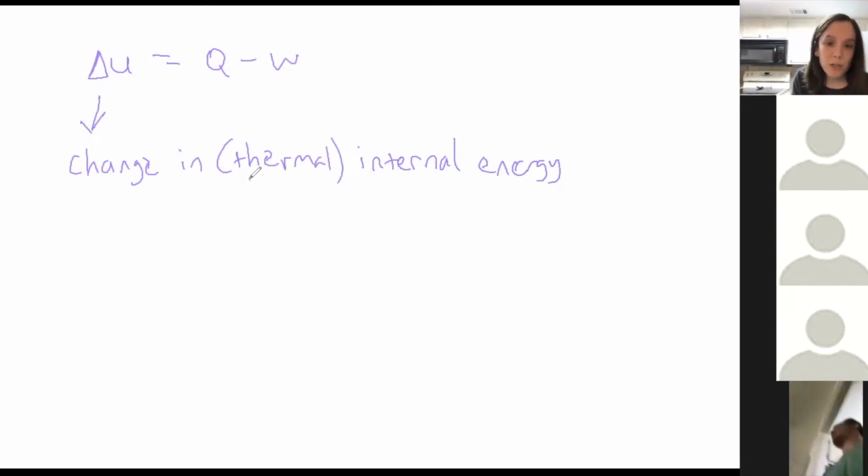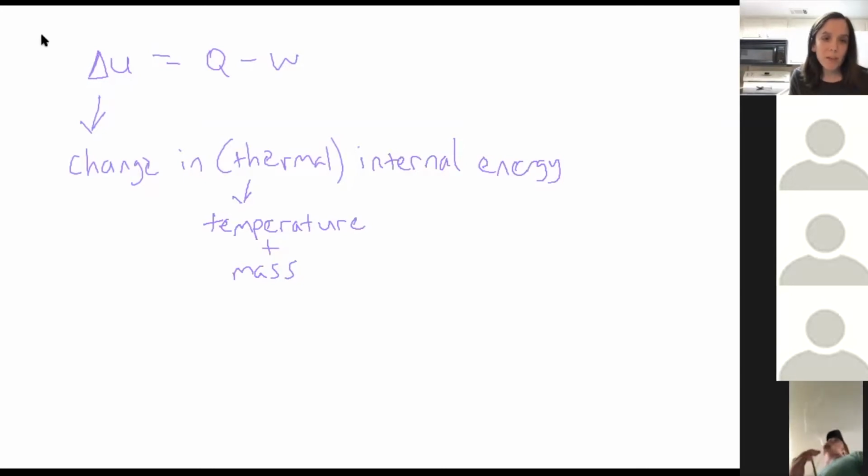So you can change thermal energy in two ways, either making the temperature change. So higher temperature means more thermal energy, or the mass. So if either the temperature changes or the mass changes, you have more thermal energy if they increase.